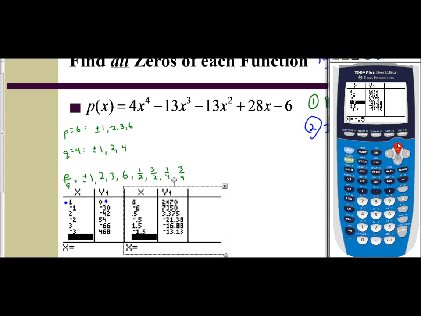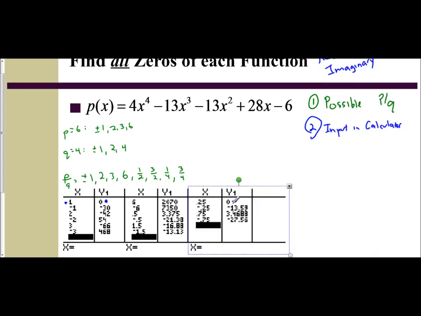So let's go all the way up. So we have 1/4, so we have -1/4 as well, and we have 3/4 and negative 3/4. And I'm going to delete the other ones. So I grab my list, bring it down.